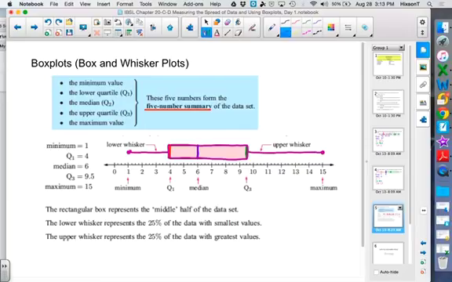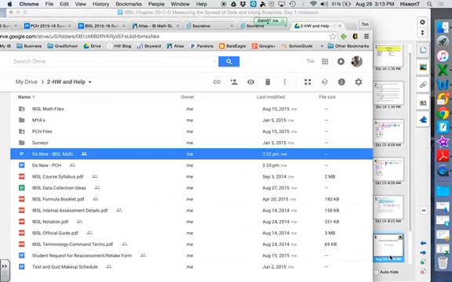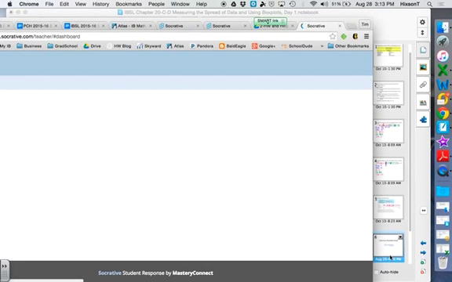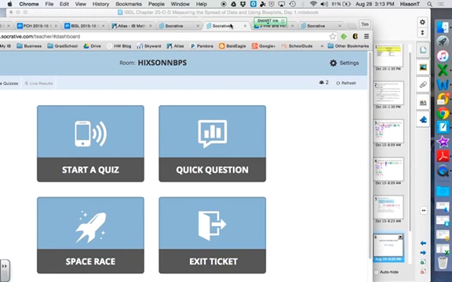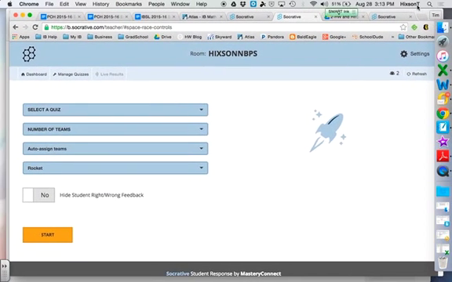All right, so let's see how much you've picked up so far. Get out something that you can do Socrative with, and go ahead to the link. We'll do a race here.